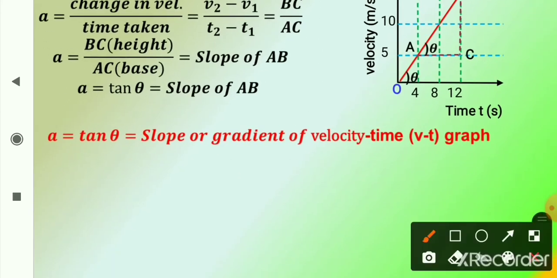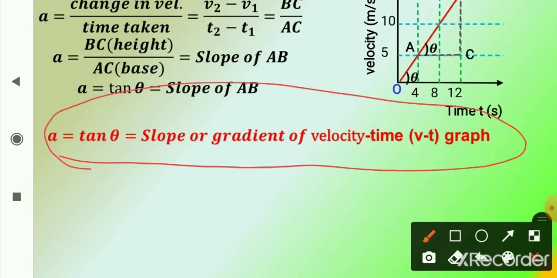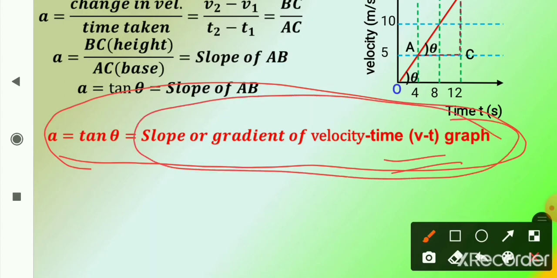velocity time graph. So अब अगर आपसे पूछा जाए कि आप वेलोसिटी टाइम ग्राफ से एक्सेलरेशन कैसे निकालेंगे, तो this must be your answer by finding the slope or gradient of velocity time graph.